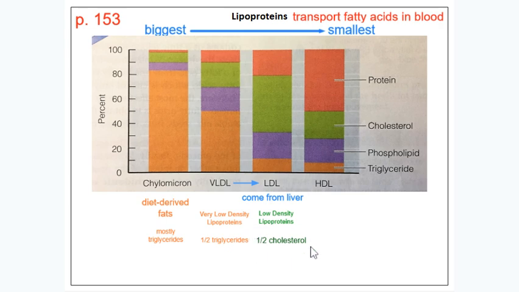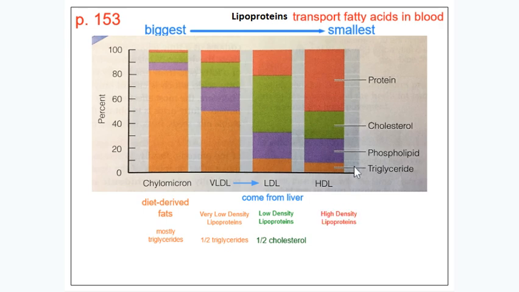So we'll talk in a minute that LDL levels, you generally want these to be low because it means you don't have a lot of extra cholesterol floating around your body. Everybody has these, but you generally want these numbers to be pretty low. So VLDLs eventually turn into LDLs, and then eventually those will go back to the liver to be repackaged and reprocessed.